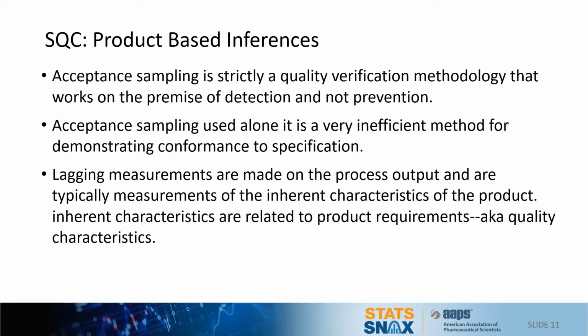When you use control charting of those lagging measurements, those quality characteristics, along with the acceptance sampling, you are more efficient than just using the acceptance sampling alone. But when you pair this with statistical process control of your leading indicators, that is really the most efficient way for demonstrating conformance to specification.